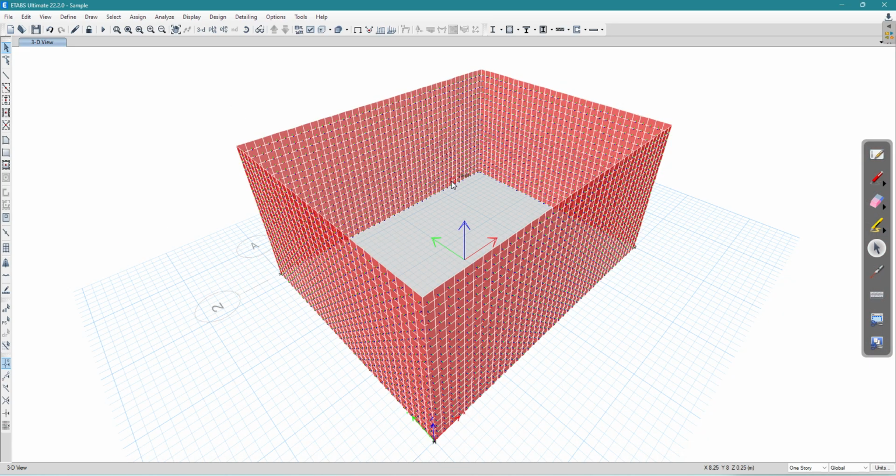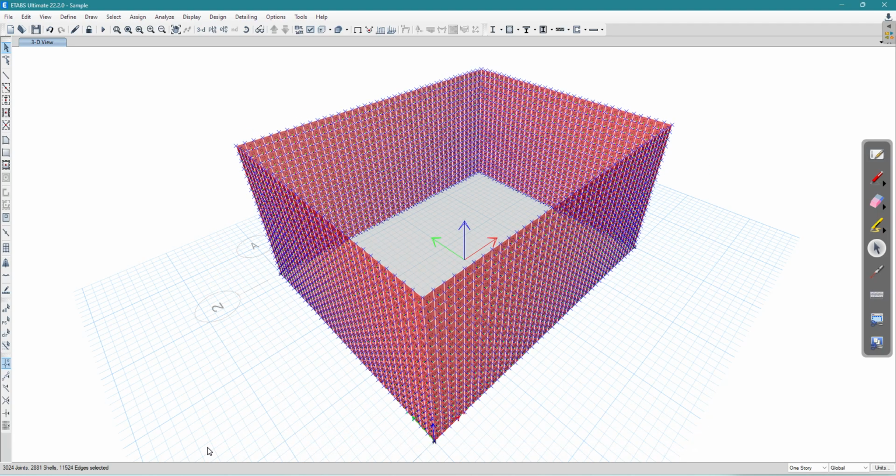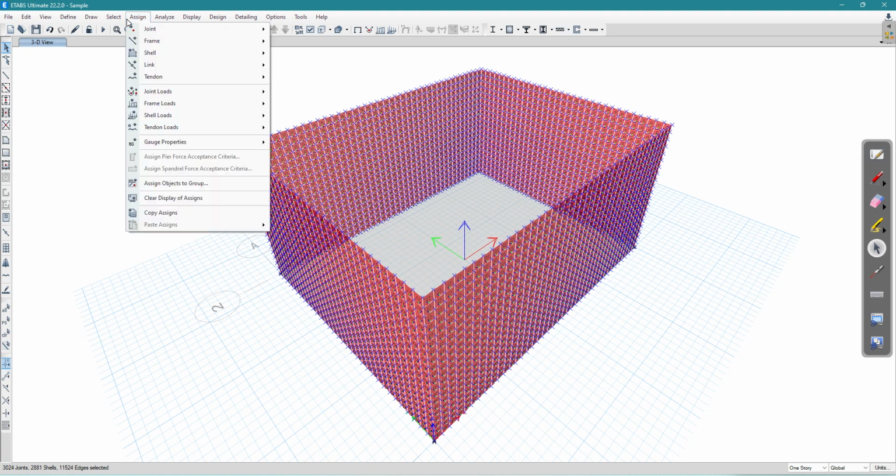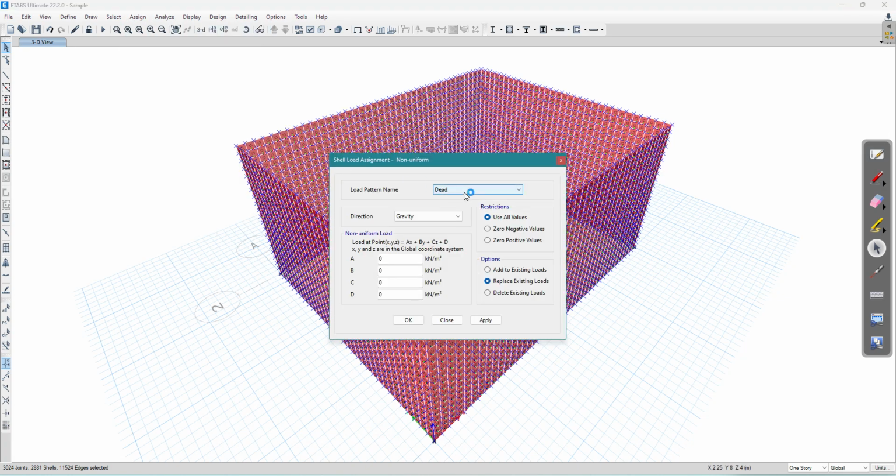So how to assign this load? You select all the walls. You go to assign shell loads, non-uniform. In case of water pressure, your load pattern name should be water pressure. So which means you are applying water load.